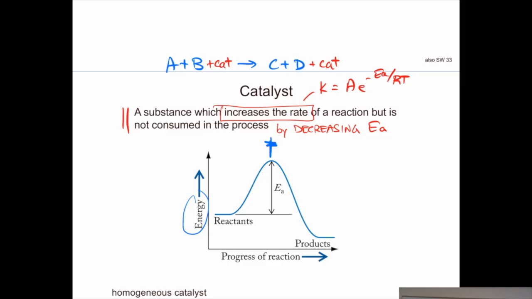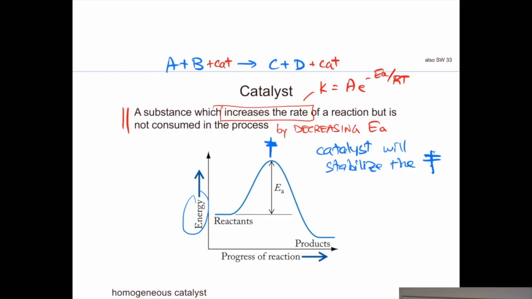So the way a catalyst does this, the catalyst actually will interact with the transition state and stabilize it. And it's not magic. I mean, we don't have time to go into an intricate example, but there are bonds that are made.